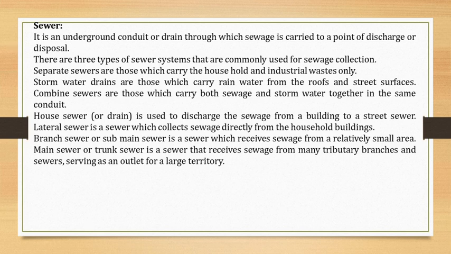Next, branch sewer or sub-main sewer is a sewer which receives the sewage from a relatively small area. The next one is the main sewer, which is a sewer that receives the sewage from many branch sewers and then transfers it to the disposal facility or the treatment facility. Okay.